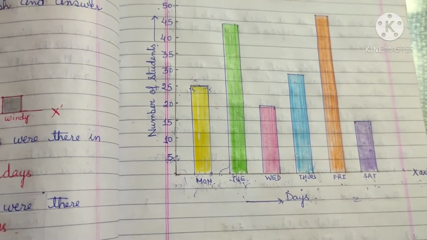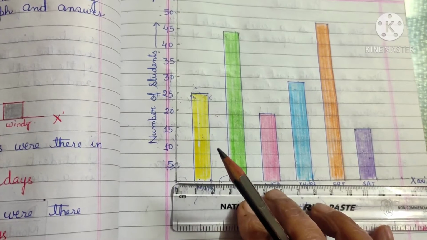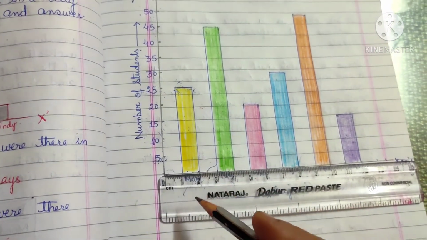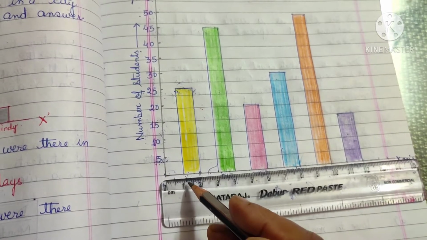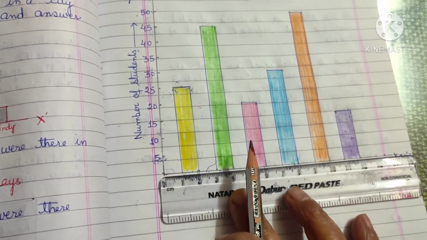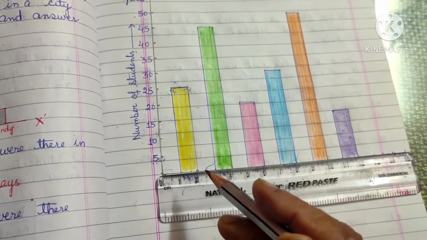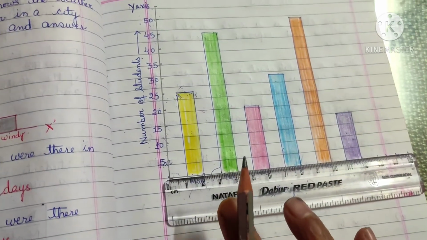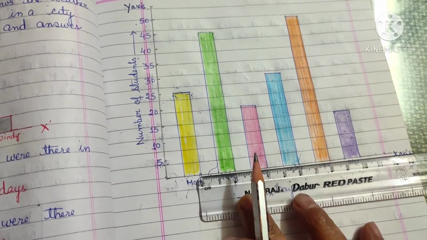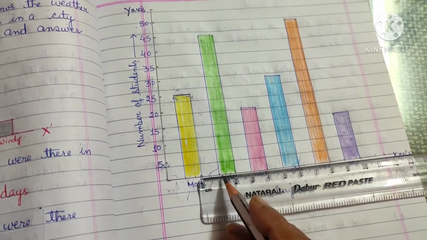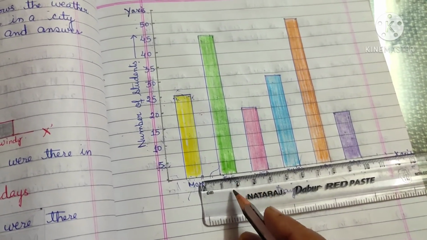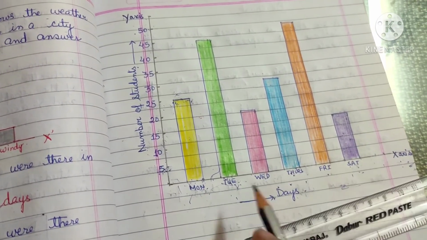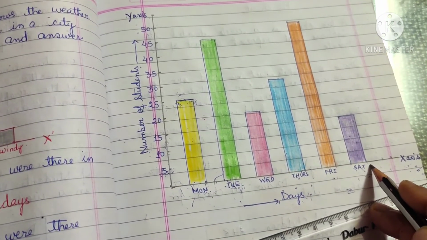So you can see, after 1 centimeter I have marked Monday, and children, 1 centimeter I have taken as the width of the bar that I will draw. Okay, and after that again 1 centimeter I have taken and written the name of the second day. Similarly, I have done for all the days.